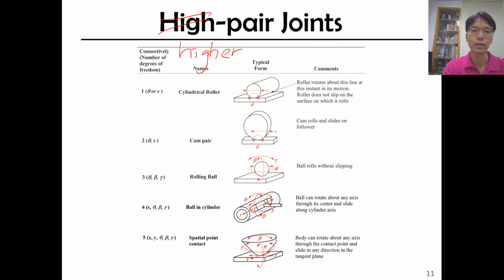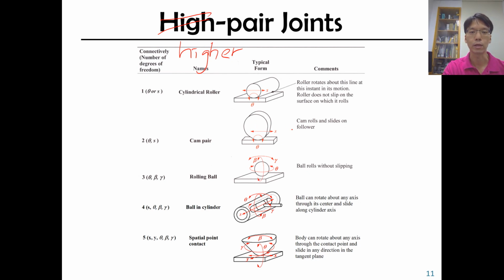When it rolls, it also does the linear motion. I cannot move in this way because the friction is very strong; I can only move in this way. Very similar to the helical joint, the S and the theta are dependent on each other. So this one is a 1 degree of freedom joint.